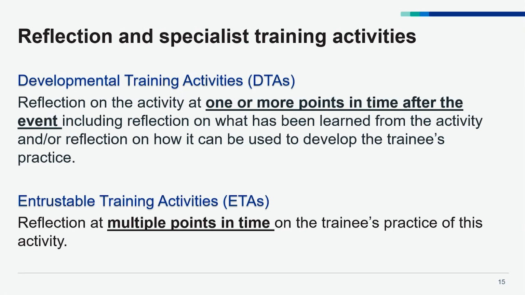So obviously you're going to be reflecting on that activity at some point, so reflect after it. For ETAs, you're going to reflect at multiple points in time, because you're going to have to repeatedly, consistently and effectively over time be able to do that activity in a range of different situations. So there's going to be lots of reflection taking place.